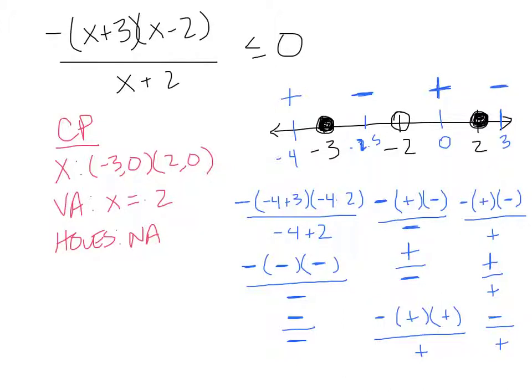So for my answer, I want the ones that are less than 0, and negative numbers are less than 0. So those are the 2 intervals I want, the negative intervals. So my final solution are going to be the set of all x's from negative 3 all the way to negative 2, and the interval from 2 all the way to infinity.